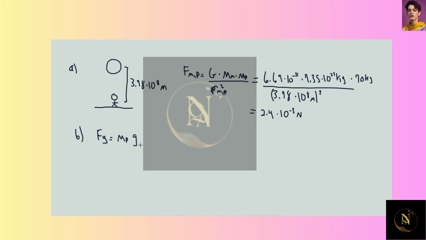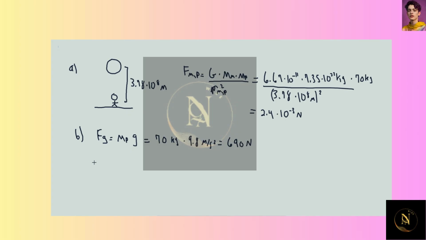So we'll just do that because it's a little simpler here, but both methods would give us the exact same result. So we plug in our values, so 70 kilograms again for the person, and 9.8 meters per second squared for gravitational acceleration, and we should get that that is 690 newtons.